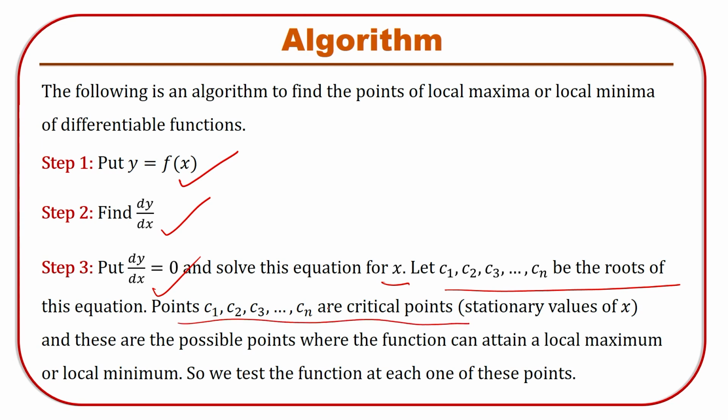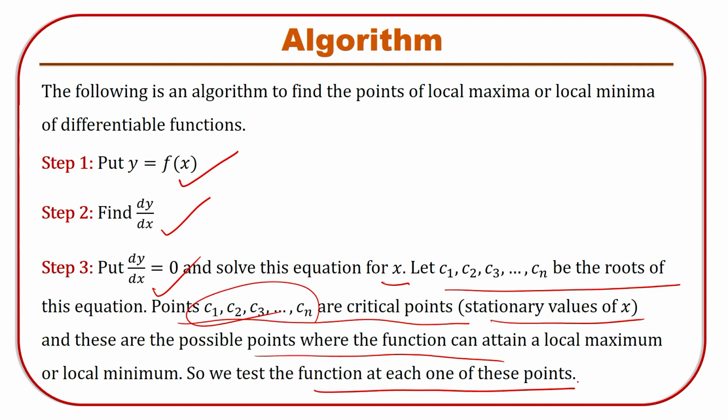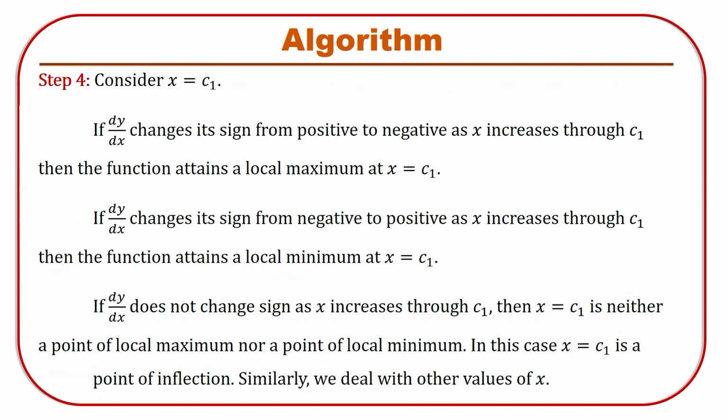All these roots are called the critical points or stationary values of x, and these are the possible points where the function can attain a local maximum or local minimum. So, we test the function at each of these points. Consider x equal to c1, where dy by dx changes its sign from positive to negative as x increases through c1. Then such a point c1 is called a local maximum point.